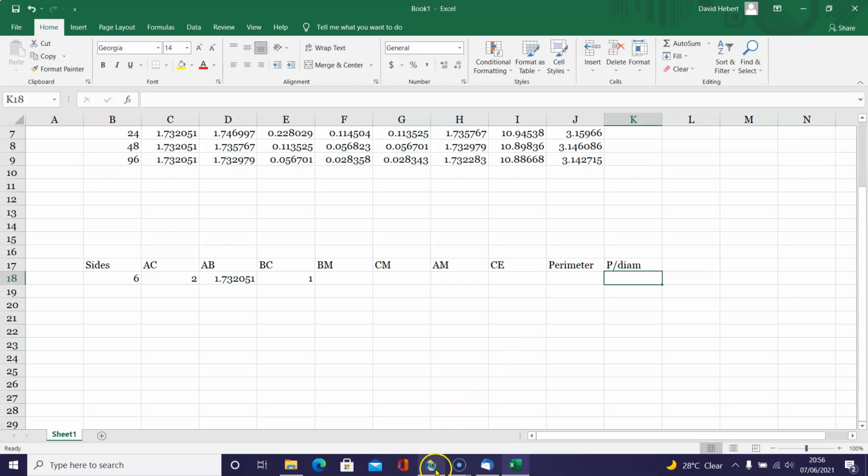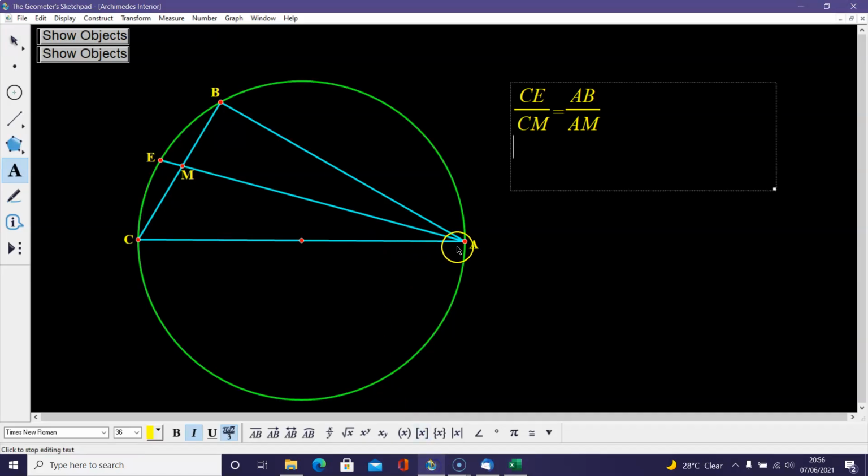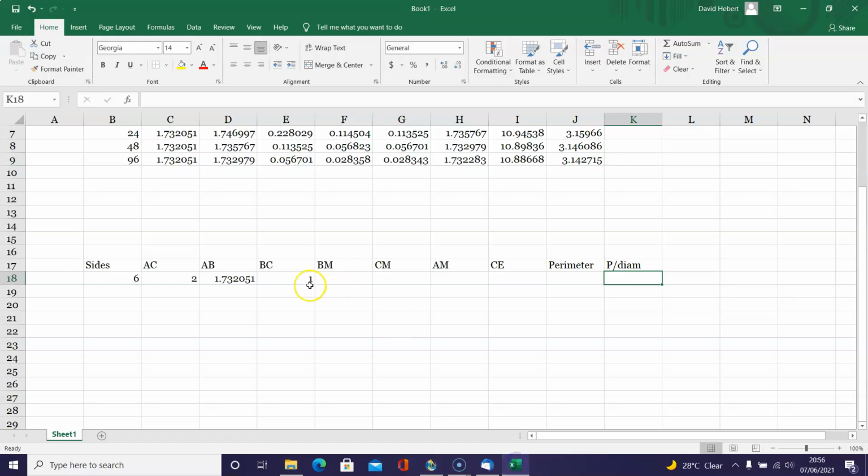So let's see if we can do the arithmetic. BN, well, that's going to be very similar to the calculations we had earlier. I'll let you fill in the missing bits. I'm simply going to come over here and begin typing my values.